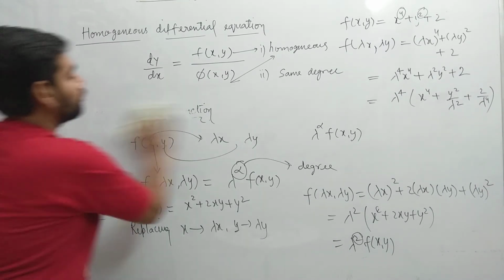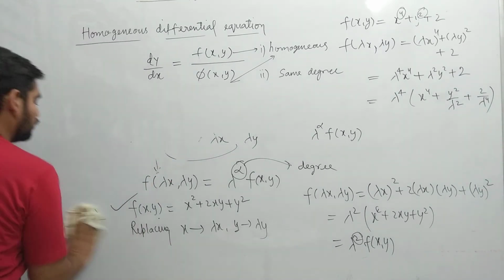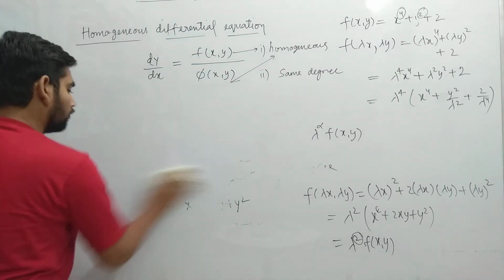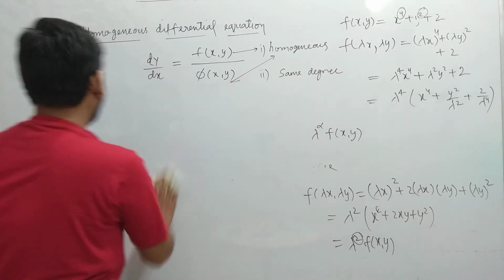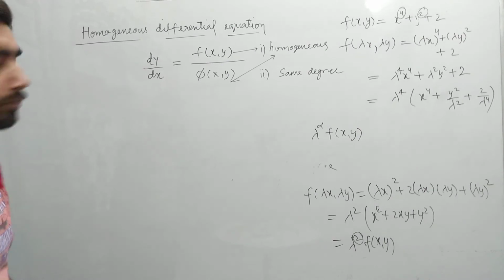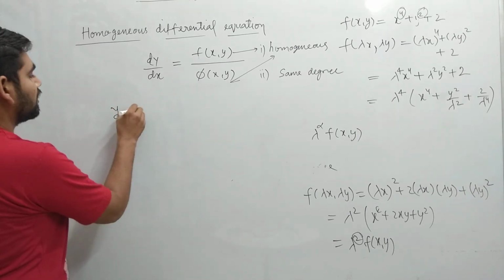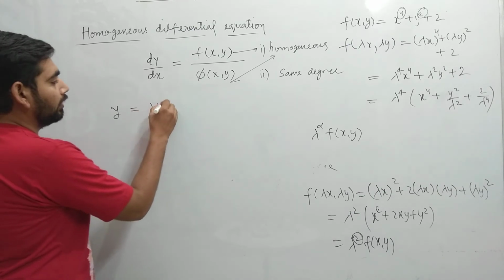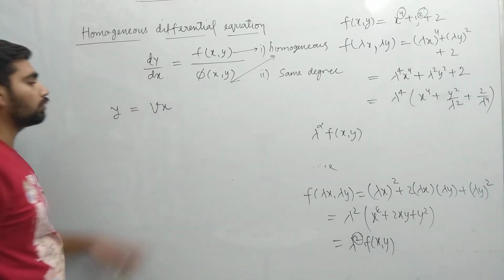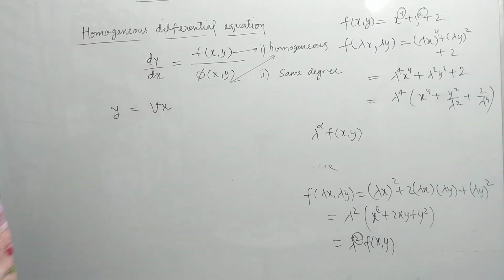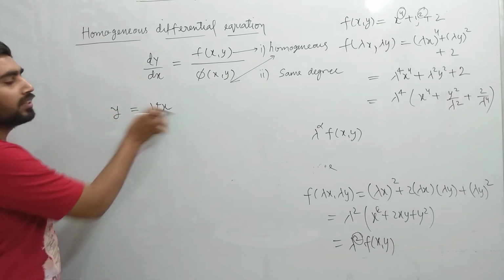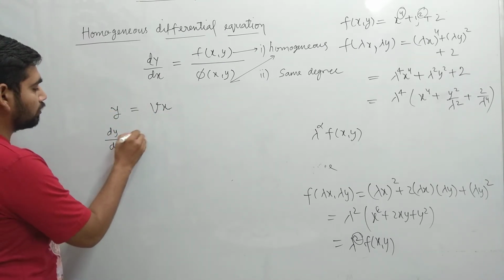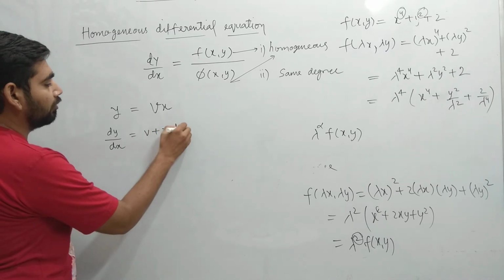And coming on to its solution, what will we do? We will replace the dependent variable y with another dependent variable v and the product of the independent variable x. So y is replaced by vx, and on differentiation we will get dy by dx equals v plus x dv by dx.